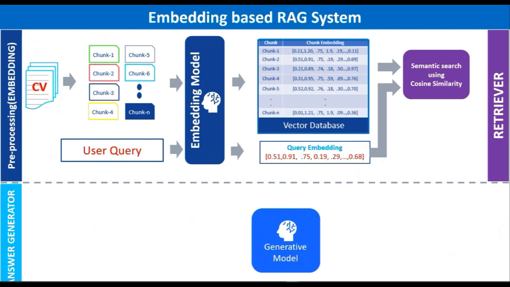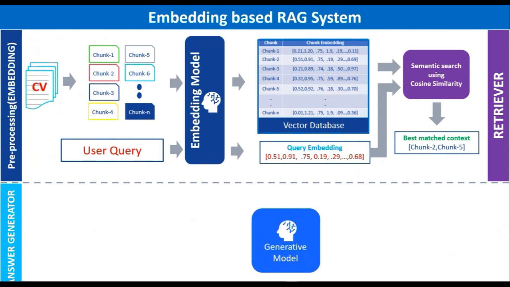The retriever part of the pipeline retrieves the best match chunks. In this case, say chunk 2 and chunk 5 are the best match for this user query. So these chunks are returned by the retriever.